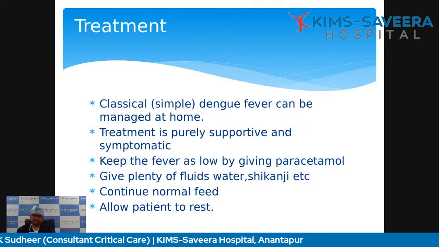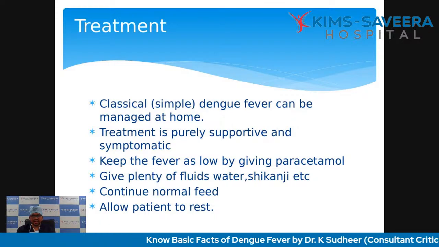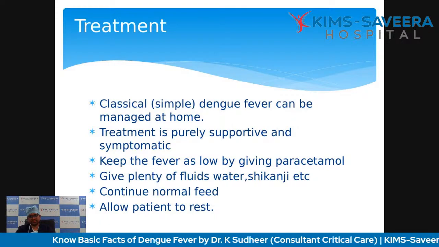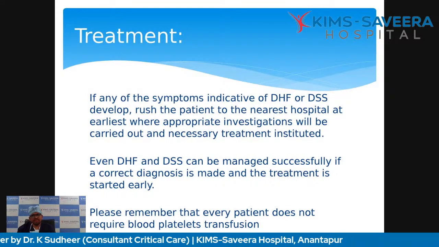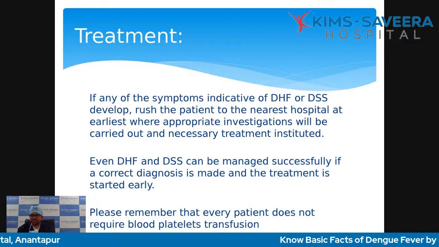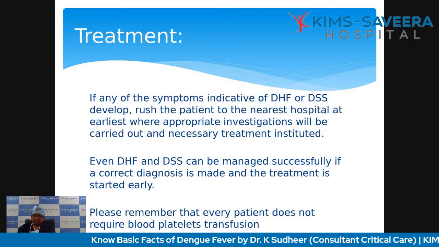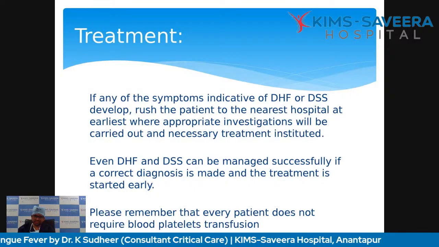Usually, if we take these steps adequately, we have a good chance of preventing the patient from landing up in dengue hemorrhagic fever or dengue shock syndrome, which are life threatening. If there are any symptoms, as we discussed previously, like dengue hemorrhagic manifestations or dengue shock syndrome, rush the patient to the nearest hospital as early as possible, get appropriate investigations carried out and necessary treatments instituted.